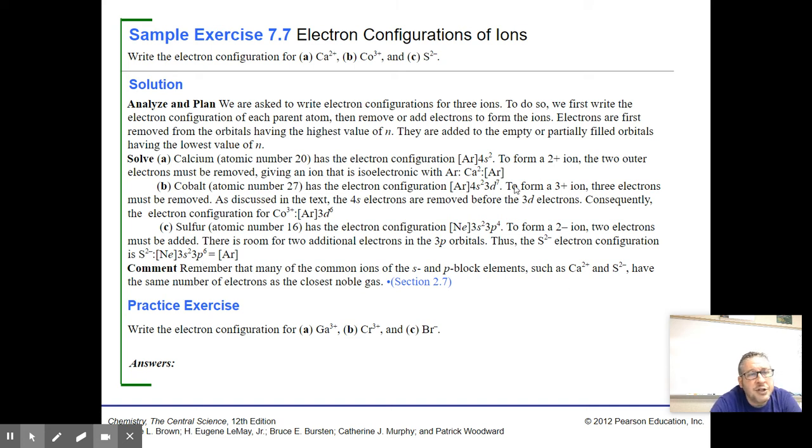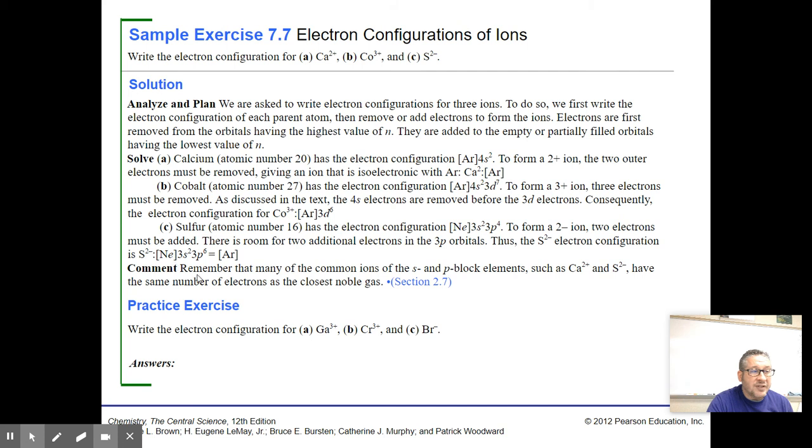But one thing that they didn't show you earlier in the practice was the simple fact that when you have a configuration that resembles that of a noble gas, you may represent that ionic electron configuration with a noble gas, like we did up here with cobalt, or I'm sorry, calcium.